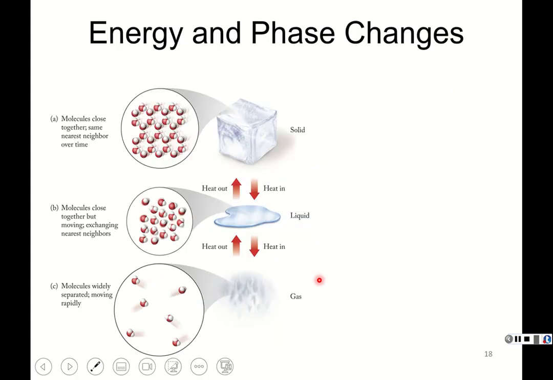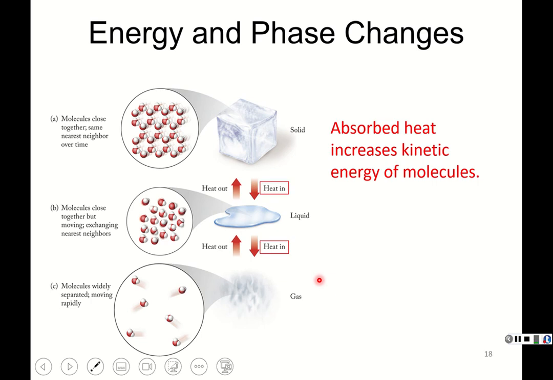Okay. Now, if we look at the molecular level of this, if we're looking at the endothermic processes, solid going to a liquid or a liquid going to gas, where you need to supply heat, we can think of this as the absorbed heat increasing the kinetic energy of the molecules.